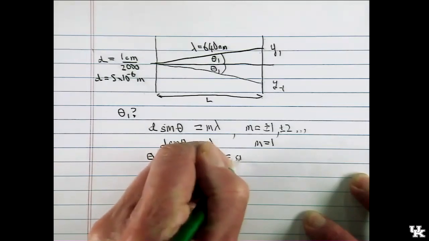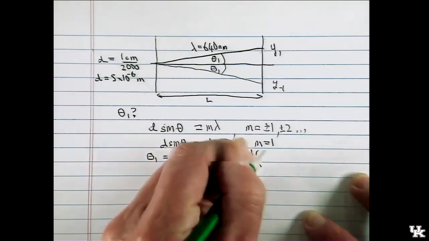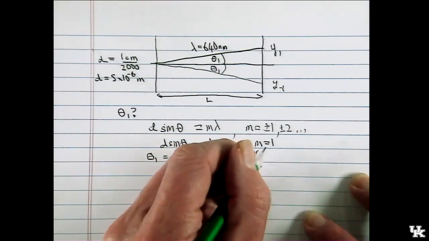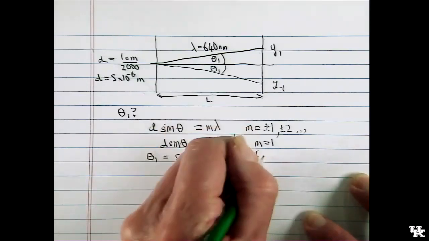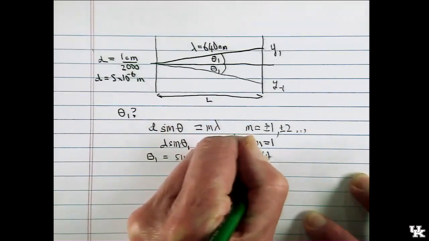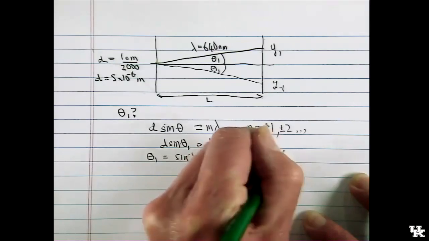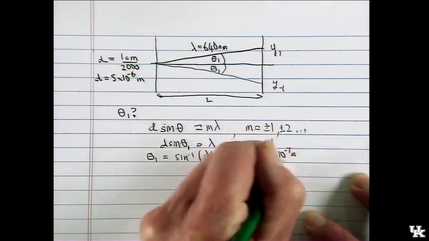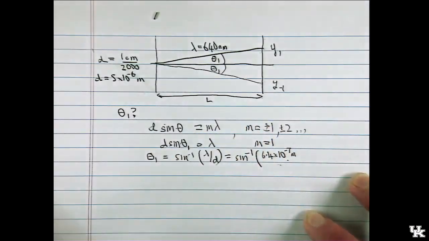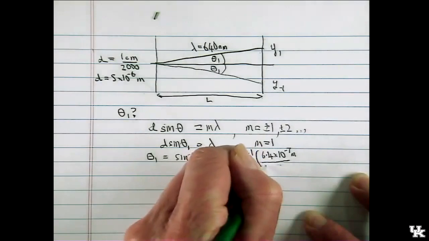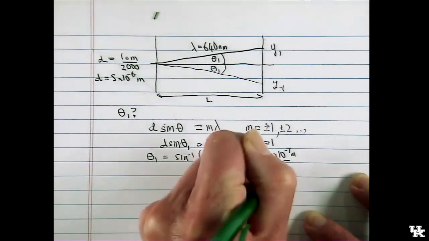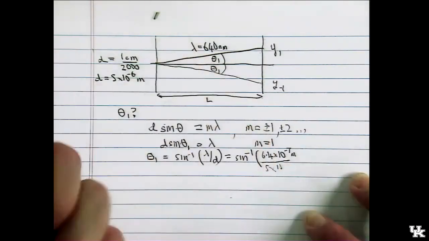Inverse sine of 640 nanometers, so that's actually 6.4 times 10 to the minus 7 meters, and I'm going to divide that by 5 times 10 to the minus 6 meters.